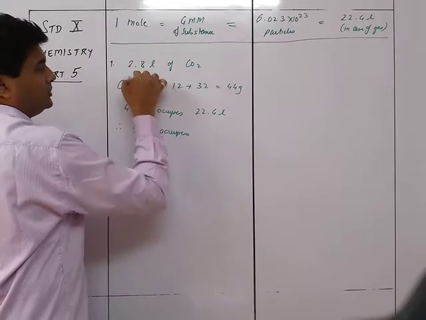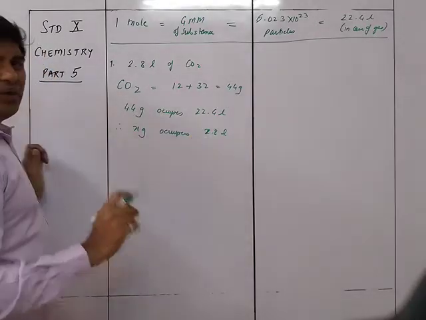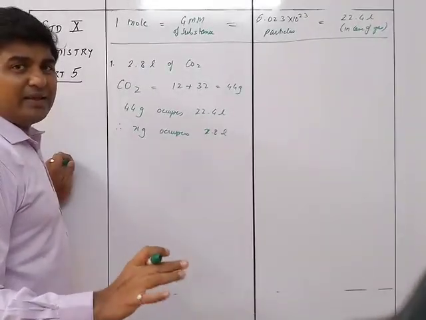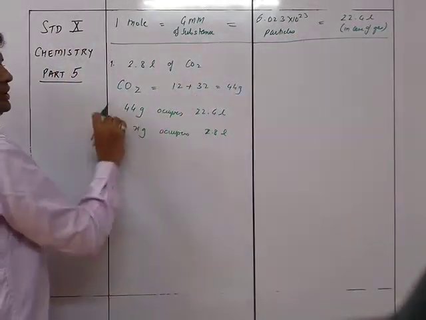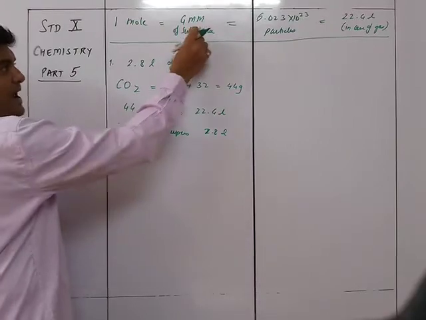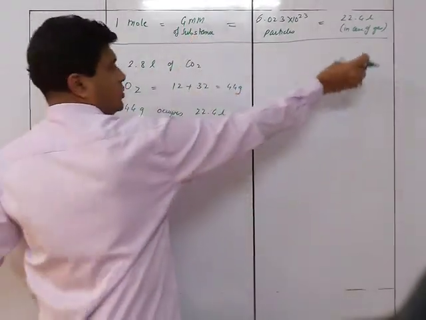Therefore, X grams occupies 2.8 liters. See, I told you, it is a complete unitary method. You don't need anything else. Just remember this part and then substitute the values. 44 grams occupies this many liters, so how many grams will occupy 2.8 liters?